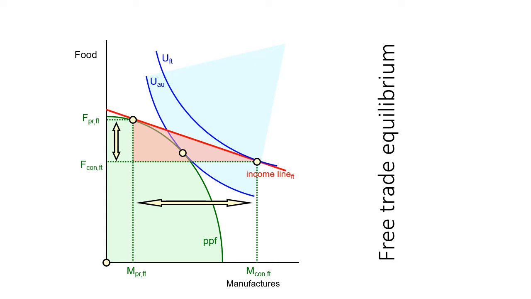So what does that mean? If we're consuming less than what we're producing, that means we must be exporting the rest to the other country. What is it in terms of our manufacturing goods? In terms of our manufacturing goods, our consumption value, our MCON FT, is more than the manufactured goods under production.